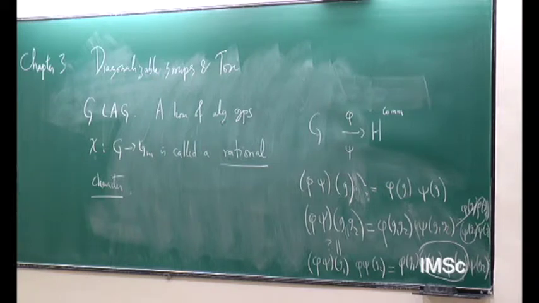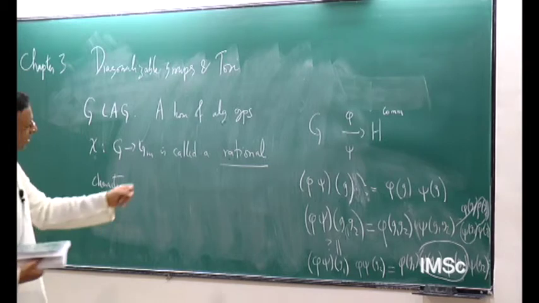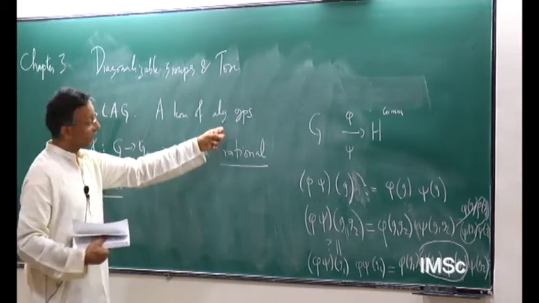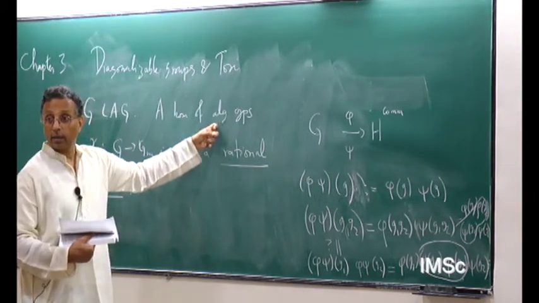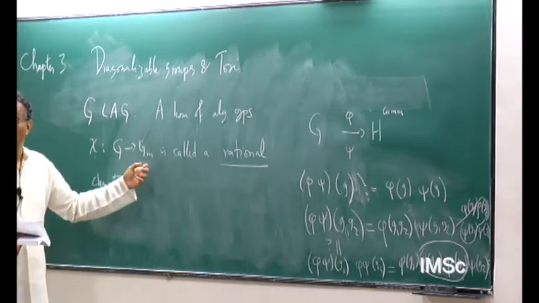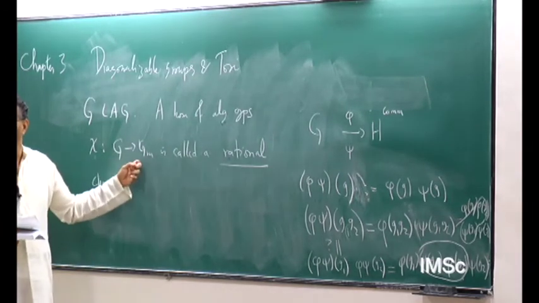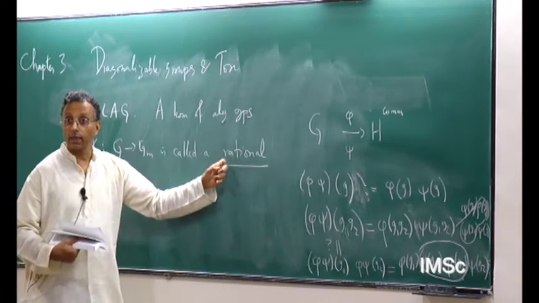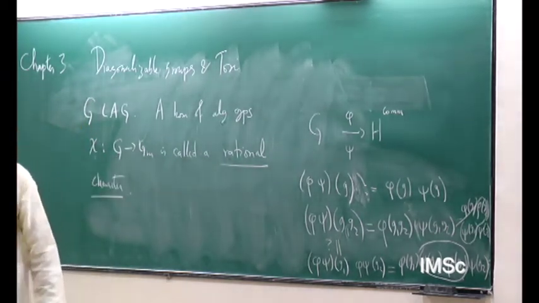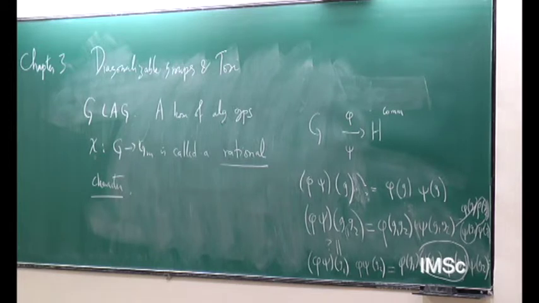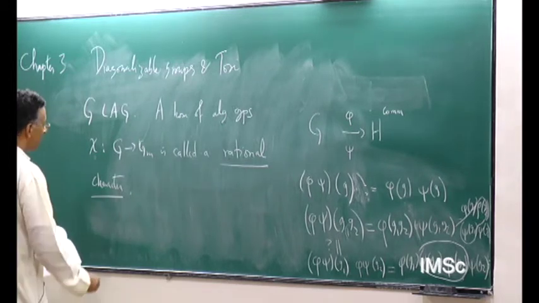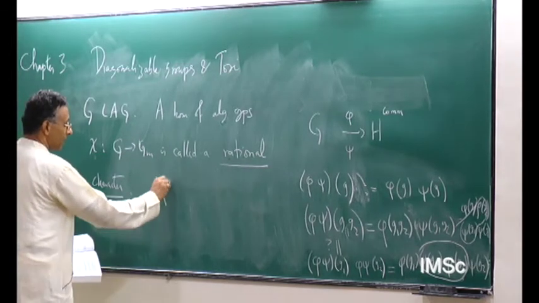So the correct word to use is rational. I hope it's clear. This rational refers to the fact that we are taking not abstract maps from G as an abstract group to K star as an abstract group, but those that are linear algebraic group homomorphisms.